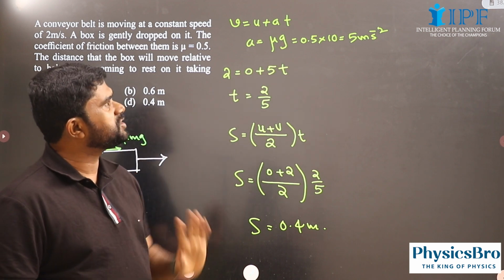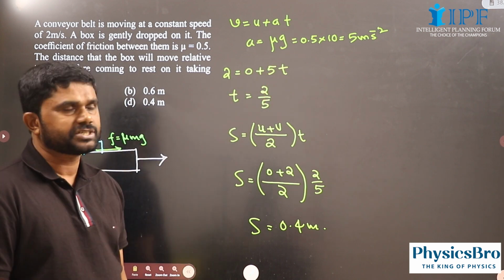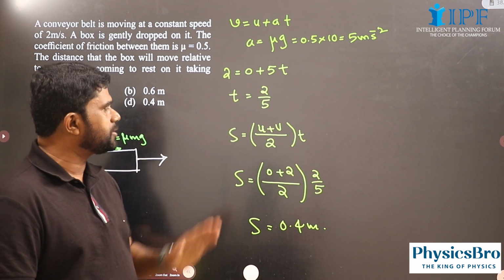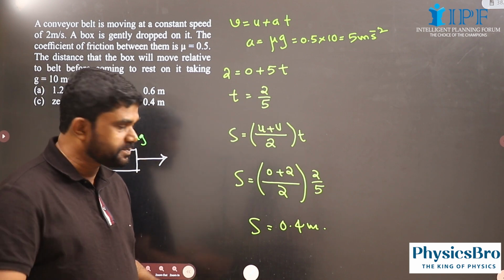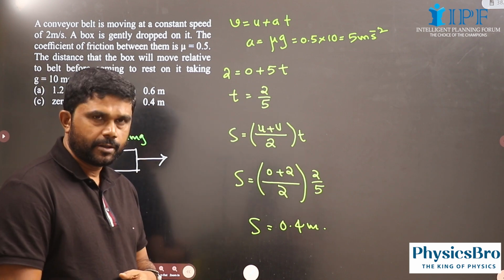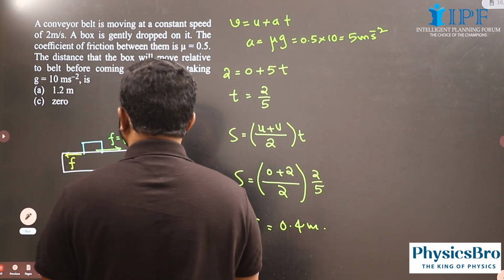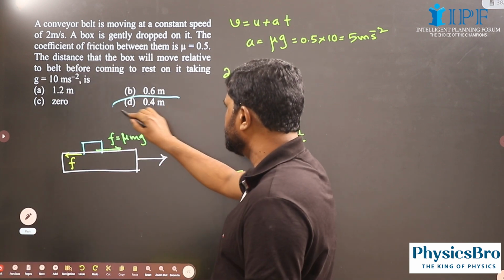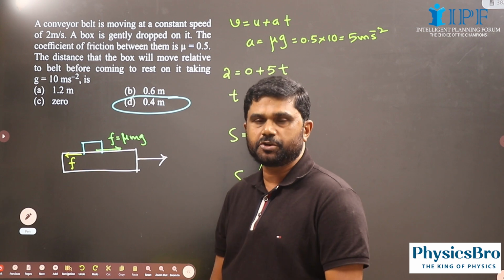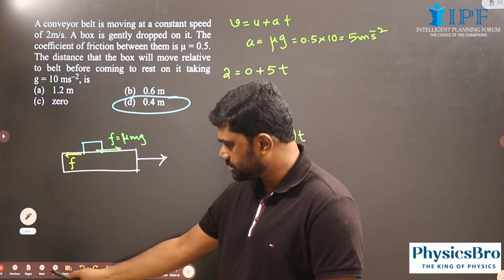Mu is 0.5, g is 10, so acceleration will be 5, and t we will get 2 by 5. Displacement is average velocity into time, so that will be 2 by 5, and it is equal to 0.4 meter. So this is the displacement of the block over the belt.